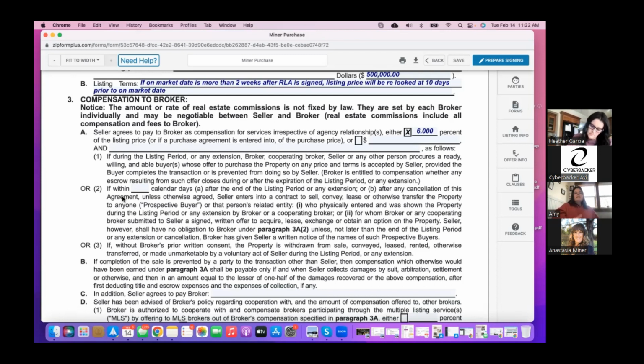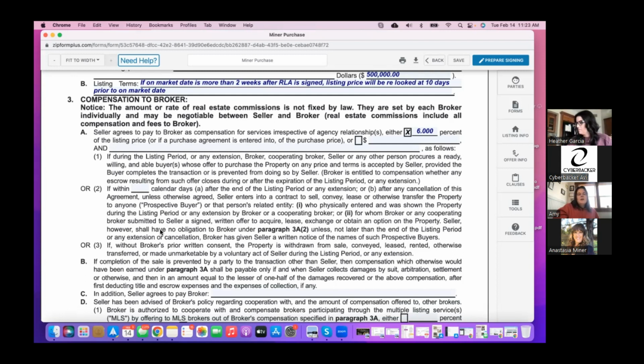The second is if within blank calendar days after the end of the listing period or any extension or after any cancellation of this agreement, unless otherwise agreed, seller enters into a contract to sell, convey, lease, or otherwise transfer the property to anyone, prospective buyer, or that person's related entity who physically entered and was shown the property during the listing period or any extension by the broker or cooperating broker, or for whom the broker or any cooperating broker submitted to seller a signed written offer to acquire, lease, exchange, or obtain an option on the property.